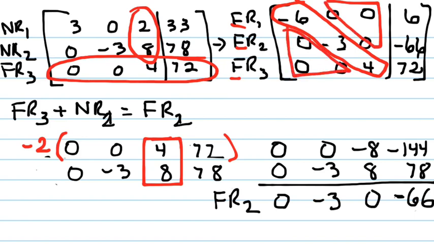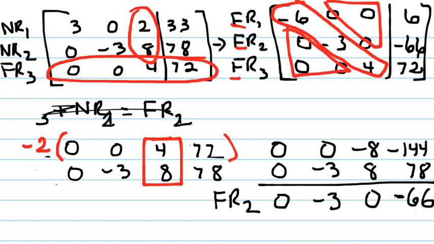So that's how I know that I'm done. I could turn all of those into ones. I could divide the top by negative 6. I could divide the middle by negative 3 and the other one by 4. That would turn all of those into the ones. Well, doing that is the same thing as solving the equation. Okay, so let me show you what I mean by that.